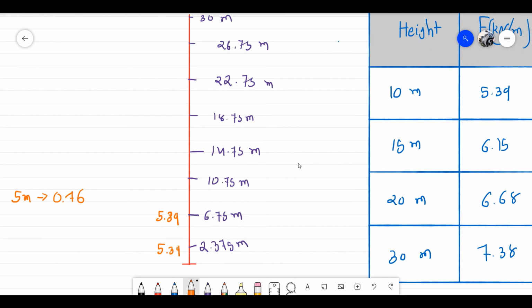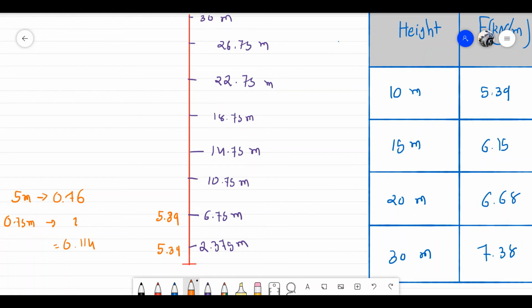But here is a difference, 10.75 minus 10. So for the 0.75 meter difference, what is the difference between the force? Okay, so 0.75 multiplied by 0.76 divided by 5, so value is 0.114.